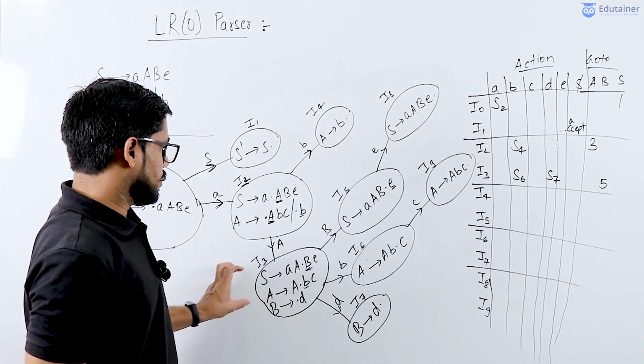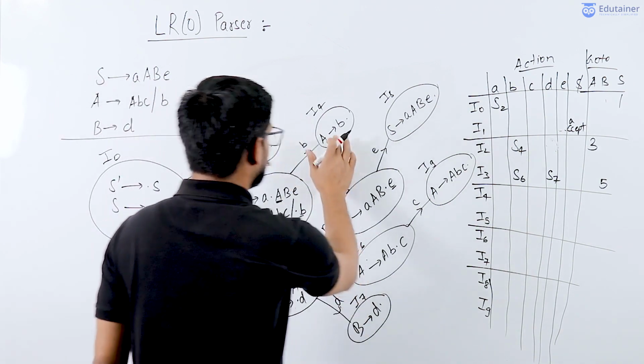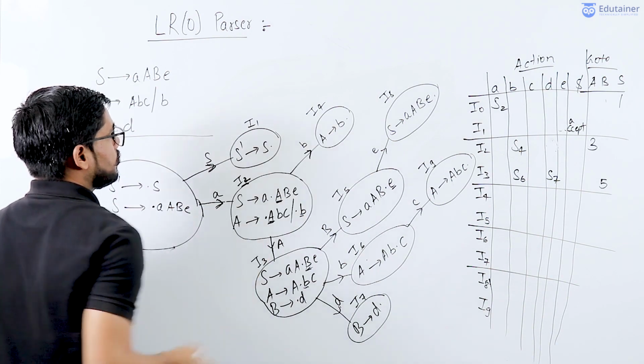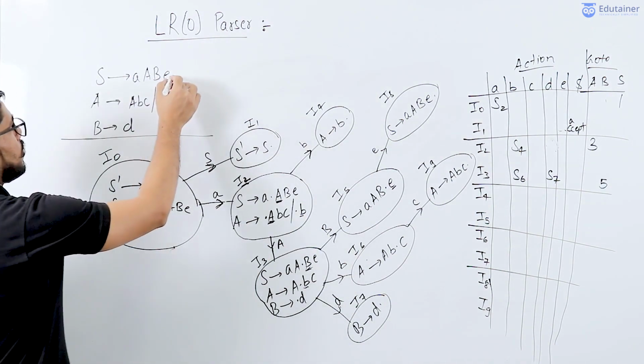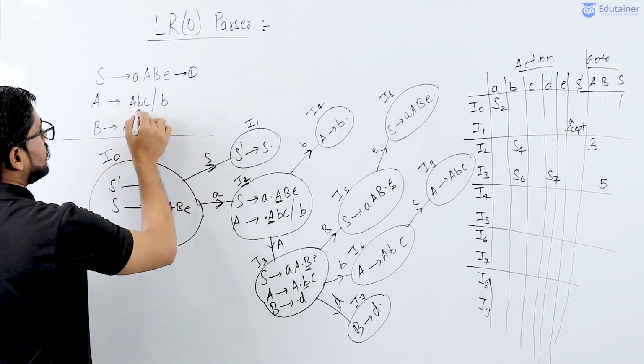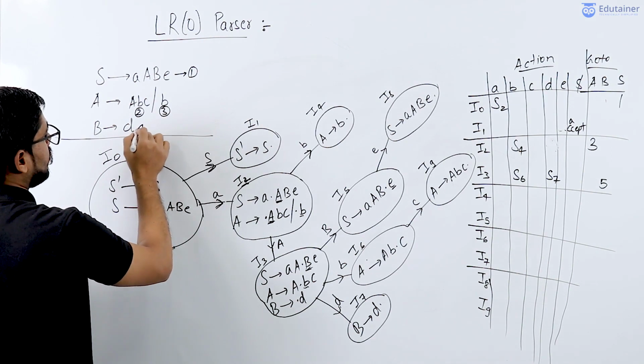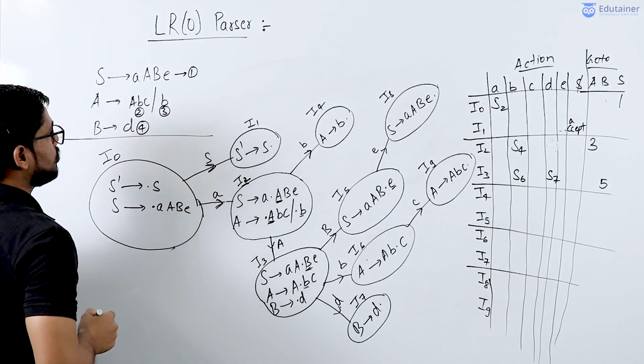Then after that, I4 is the final state and final item. So let's consider this production as production number 1. This one is production number 2. This one is production number 3, and this one is production number 4.